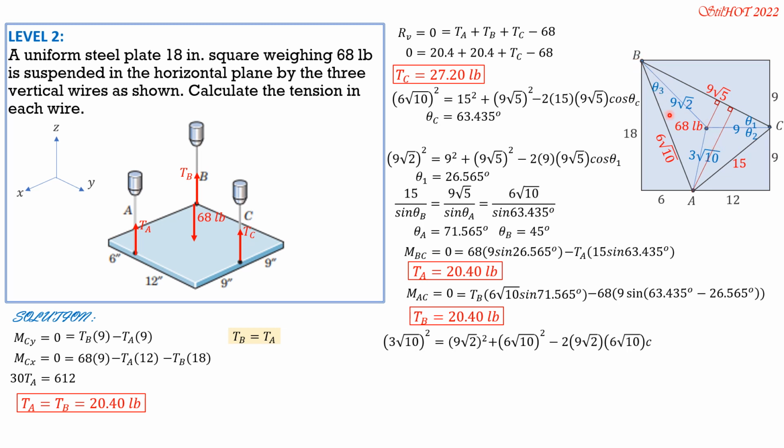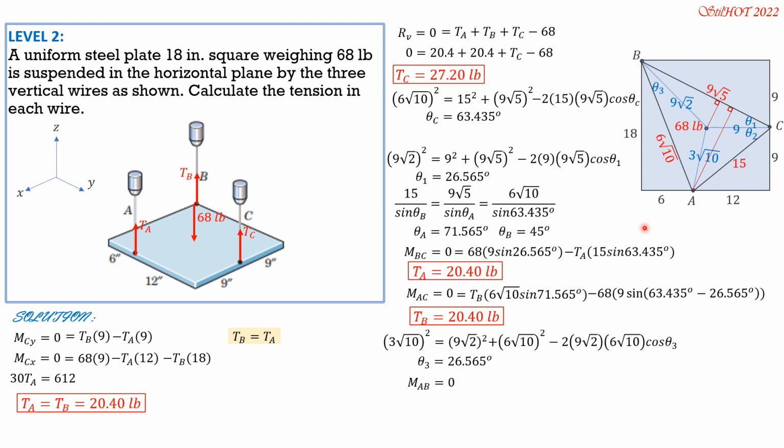In this triangle here, (3√10)² = (9√2)² + (6√10)² − 2 × 9√2 × 6√10 cos(theta 3). Cosine law in this triangle, so that we can compute the perpendicular distance of the 68 pounds from AB. So theta 3 is equal to 26.565 degrees, which is equal to theta 1.